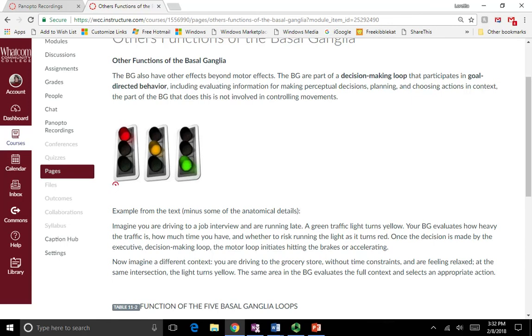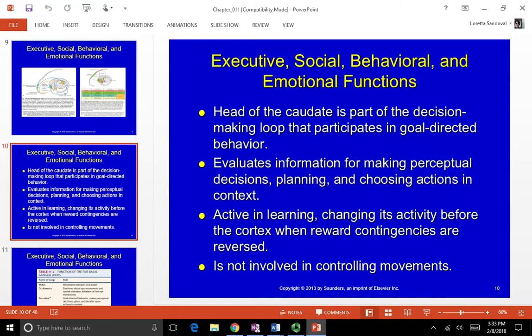So the basal ganglia has a big function in deciding that in context, taking in the spatial awareness of the area and making decisions and changes when you do that. So one of the things with basal ganglia dysfunction is people lack behavioral flexibility. And so it's harder for them to make on-the-fly decisions like that. So that behavioral flexibility is part of that basal ganglia function. Very interesting, right? And that's that active learning context aspect of it.